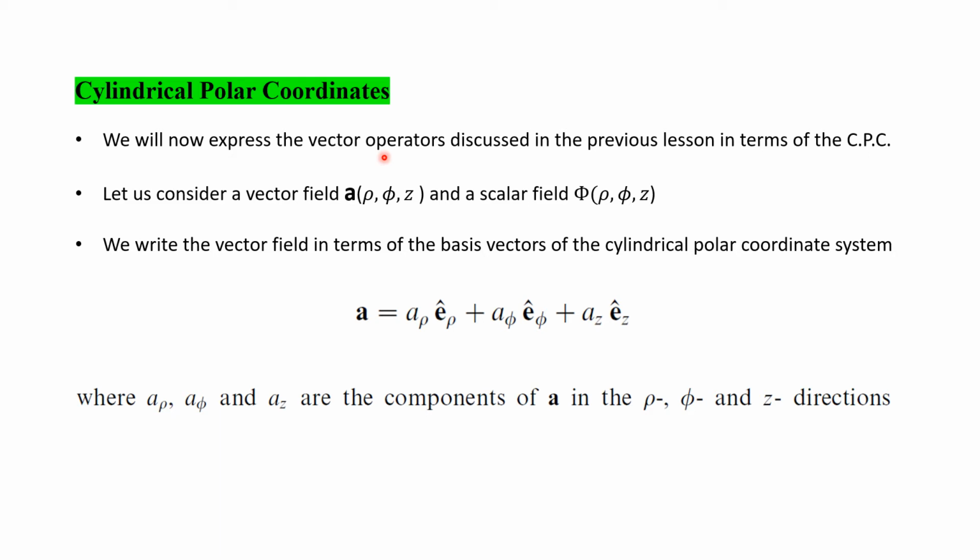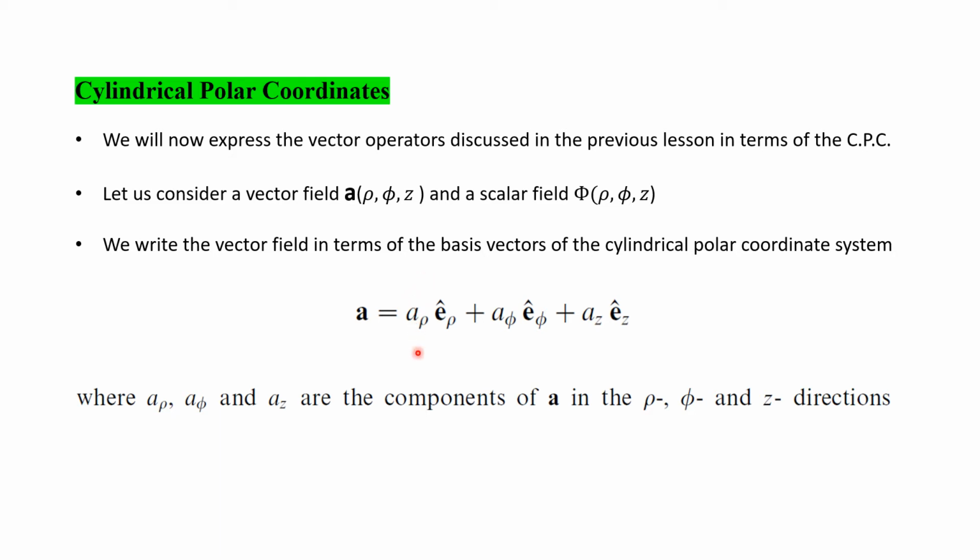We first write the vector field in terms of the basis vectors of the cylindrical polar coordinate system. So your vector field A is equal to your A rho e rho hat plus your A phi e phi hat plus your Az ez hat. This is the same as the previous, wherein you have your Ax, Ay, and Az in the x, y, and z directions.